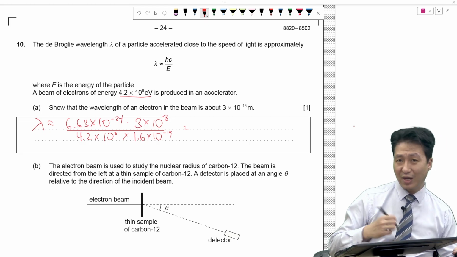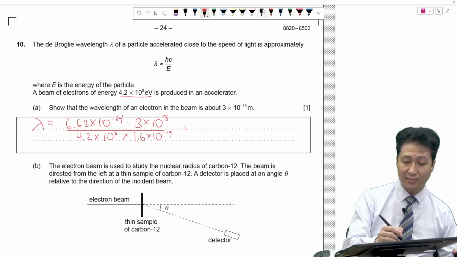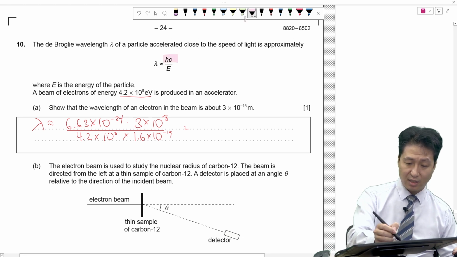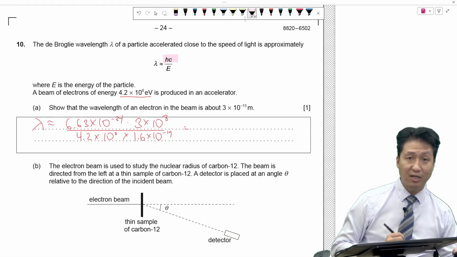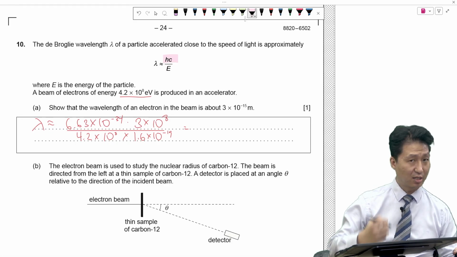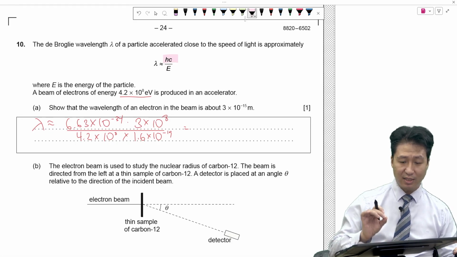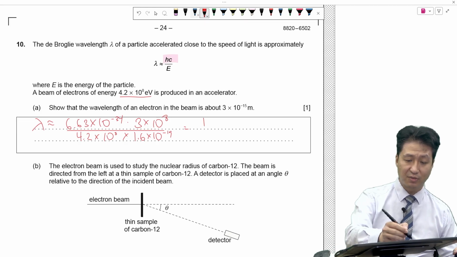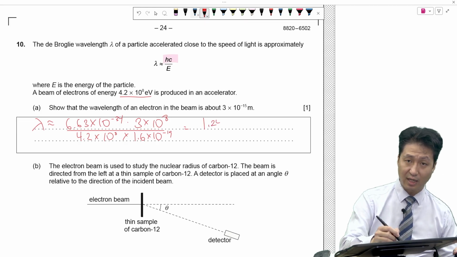There's a rather simpler way to get this same calculation. If you look in your physics booklets, the value of the Planck constant times the speed of light is always going to be the same. It's not in the constants section, it's in the unit conversion section of your physics booklets, and it has a value of 1.24 times 10 to the negative 6, but the units are electron volts meters.